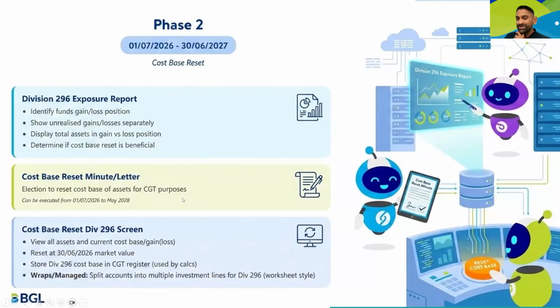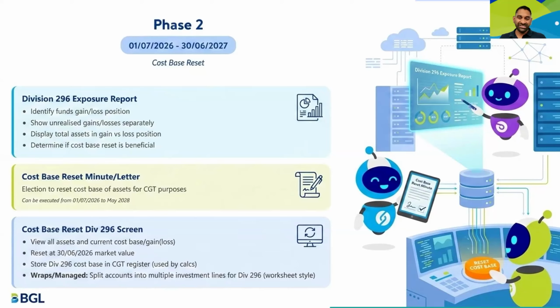Another big one we want to do is a cost-based reset screen. As Lynn mentioned, especially if you've got situations where you've recorded a 1 unit wrap, and you decide to reset the cost base, instead of having to go into your transaction screen and break that particular investment up into the individual underlying assets, we will give you a worksheet of sorts where you can give us that detail, which we will use just for Division 296 purposes.